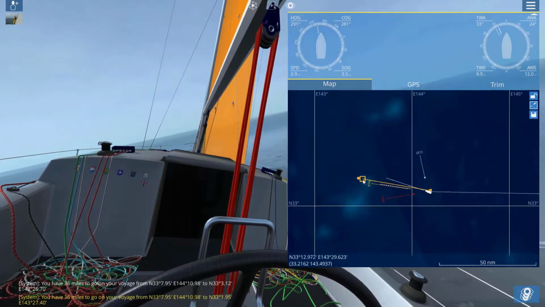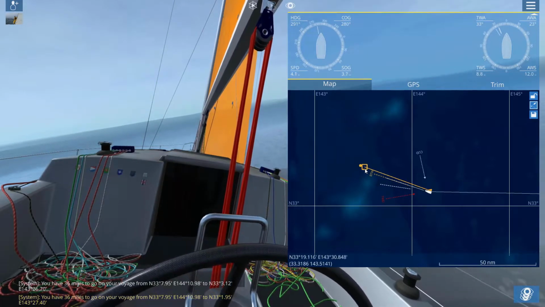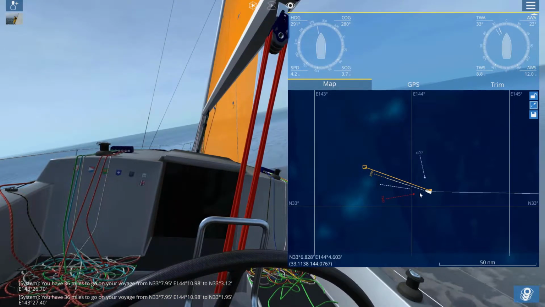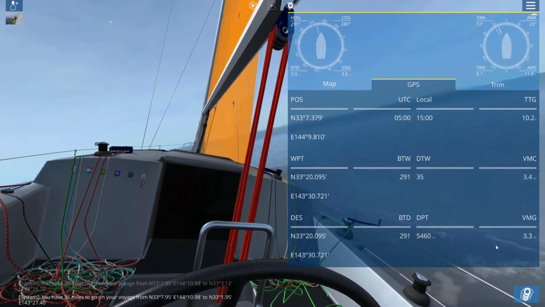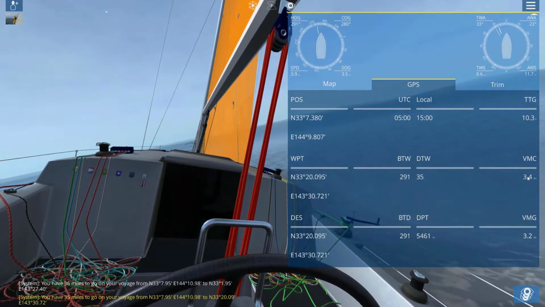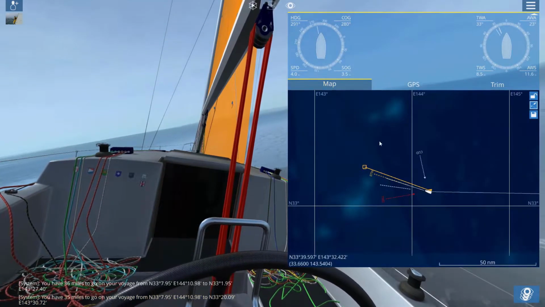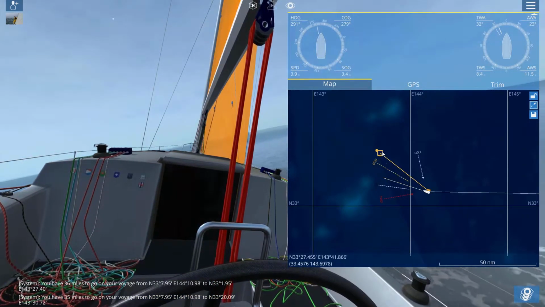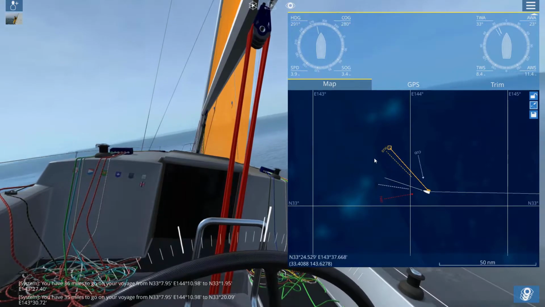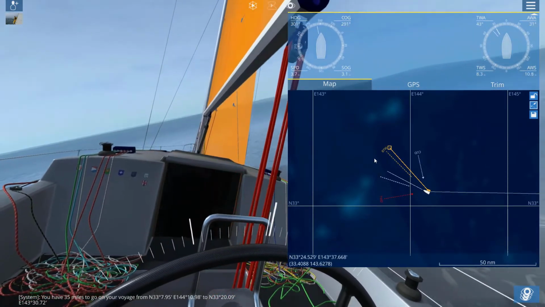If I move my bearing to waypoint away, let's put it directly on where I'm pointing anyway, now we will notice that my VMC and my VMG are slightly different. If I move even further away, let's move it up here, and let me point even further.